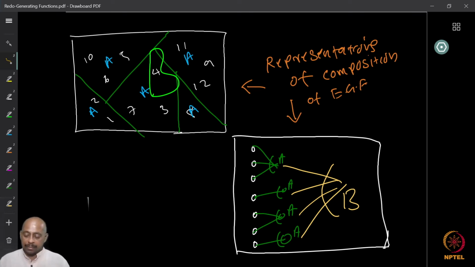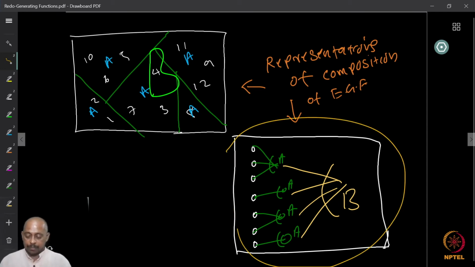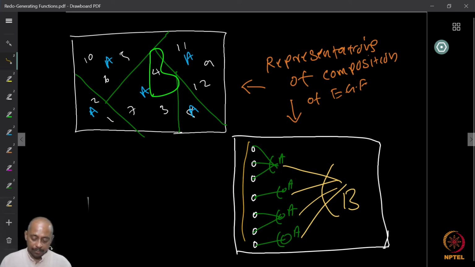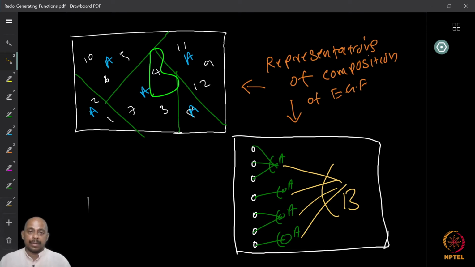Another way to represent this is in the second figure, where we have the set. In this case, we have not given any names, but we could of course name them if you want.